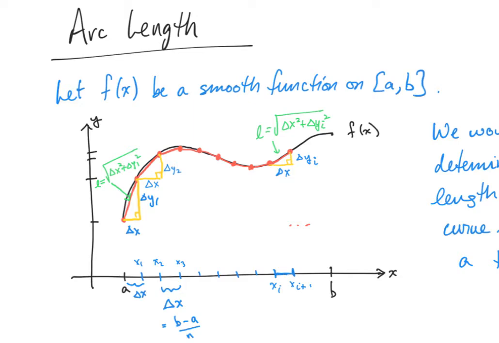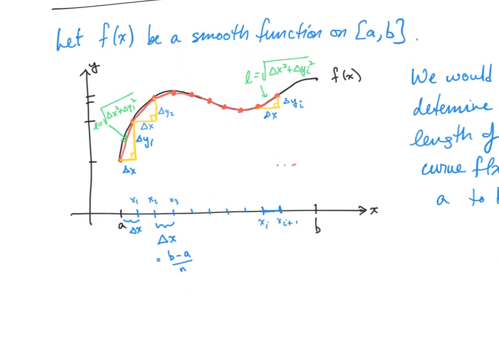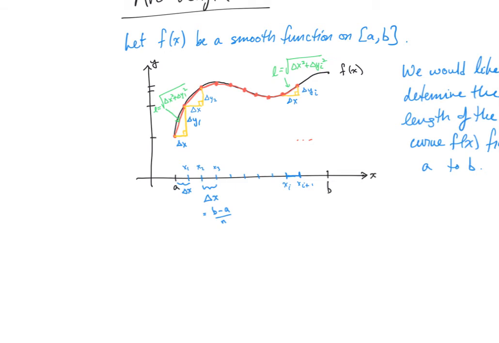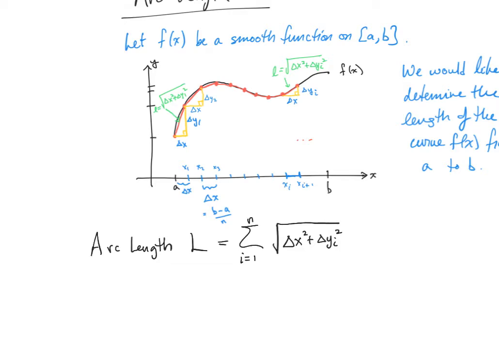So if I wanted to approximate the length of my curve, I would say the arc length, maybe we'll call that L, which is the length of that curve of f of x, is basically what I would get if I took the length of each little line segment, which we found to be the square root of delta x squared plus delta y sub i squared, and added all those up from 1 to n if we have n line segments.